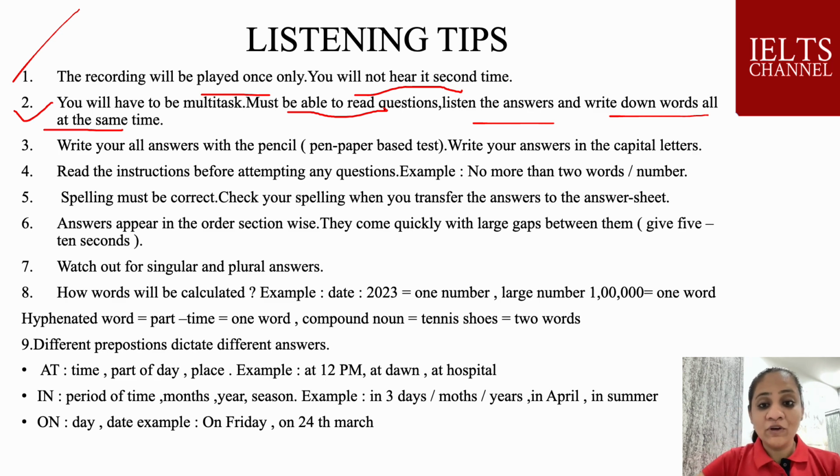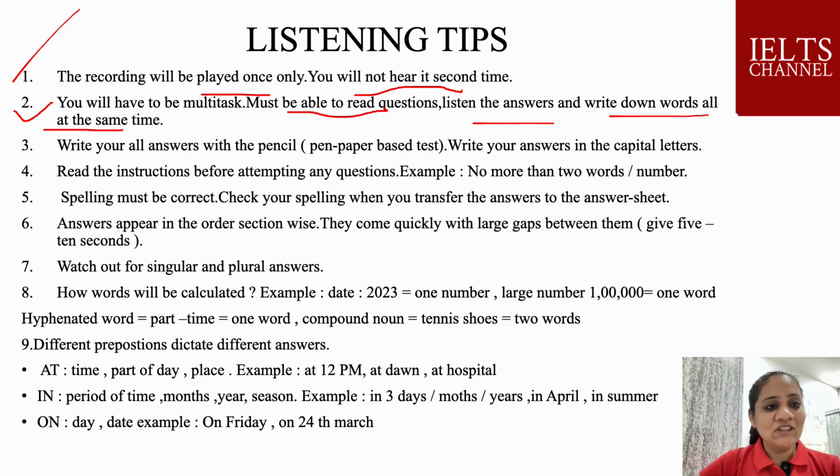Afterwards, if you have opted for the pen-paper based IELTS test, you have 10 minutes to transfer the answers into the answer sheet, and at that moment you can use the sentences or words you wrote initially in the question paper. So in the second tip, we are talking about multitasking.